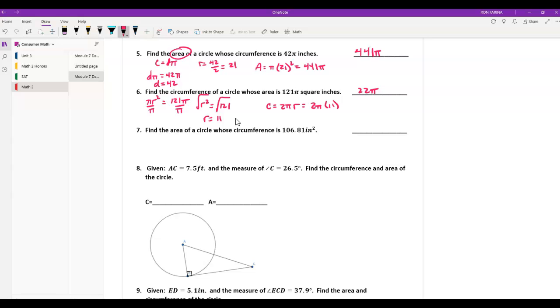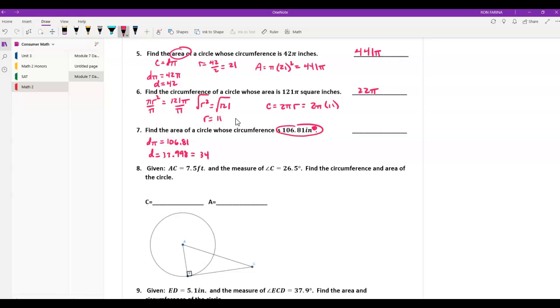Now, the next one. Find the area of a circle whose circumference is 106.81. Oh, that should be just inches. Okay, so right away, if diameter times pi is equal to 106.81, that tells me the diameter if I divide by pi. So 106.81 divided by pi is going to give me 33.998, which means we're just going to make this, the diameter is 34.